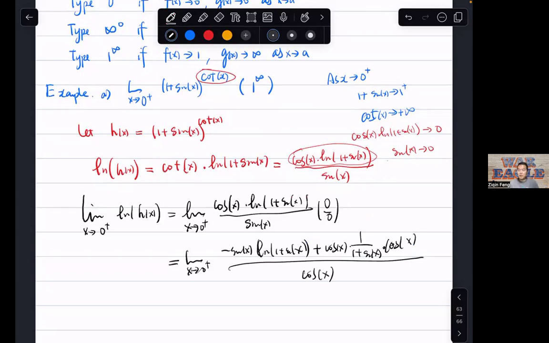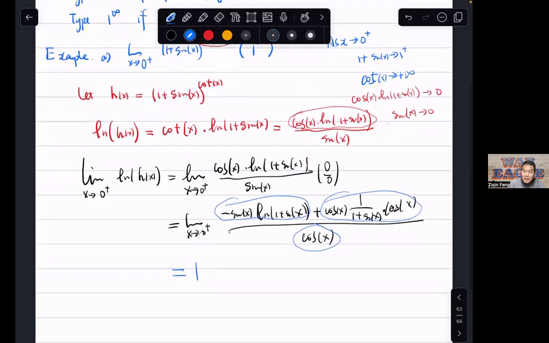Now, if you plug in 0, you can see that the first term goes to 0 because sine of 0 is 0. The second term goes to 1, and cosine of 0 is 1. So this limit is 1. So the limit of natural log of h of x is what?